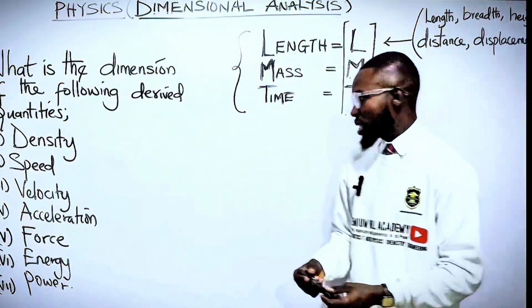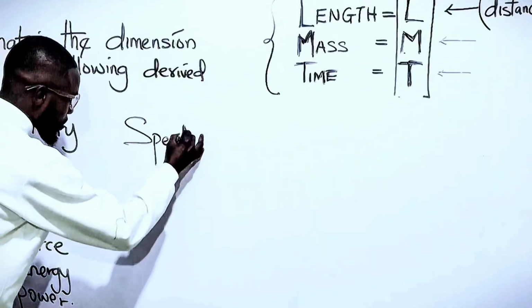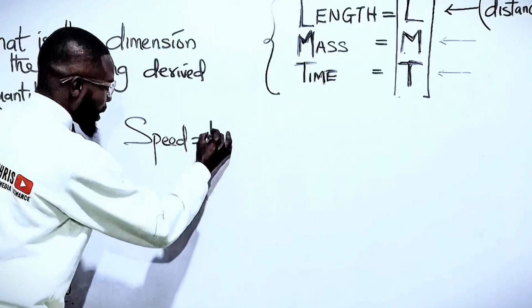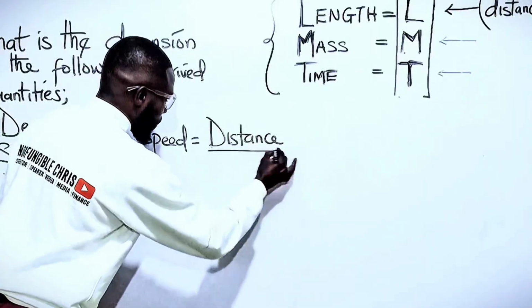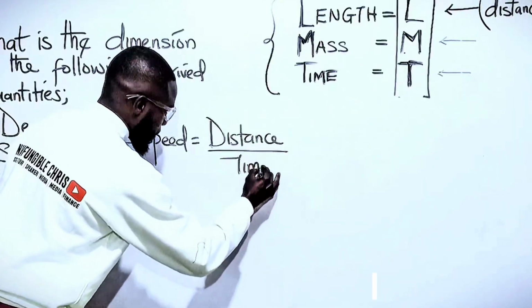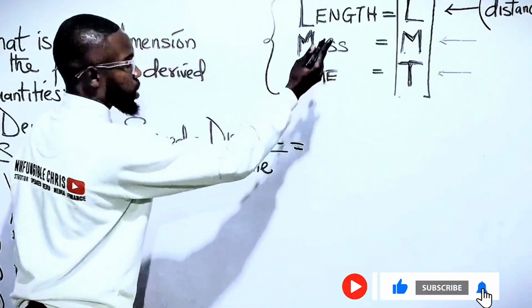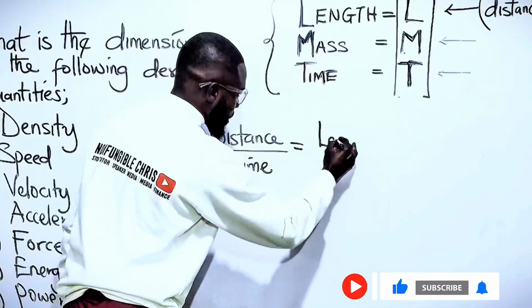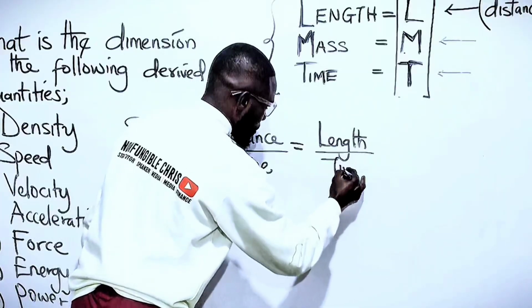To try and solve that, we're going to have that speed is nothing more than distance over time, right? And we know that distance can be replaced as what? As our length over time.